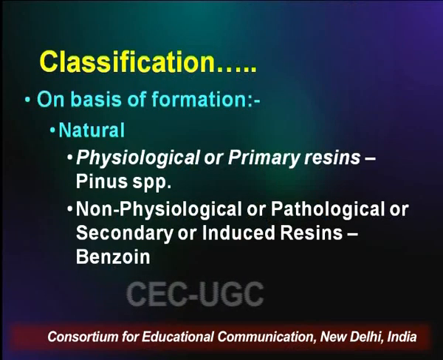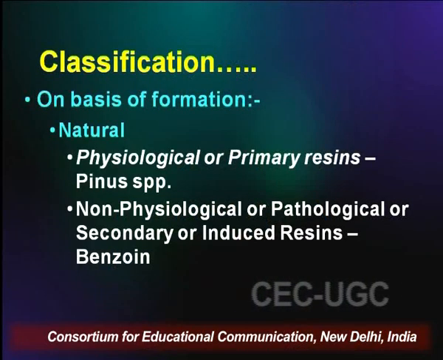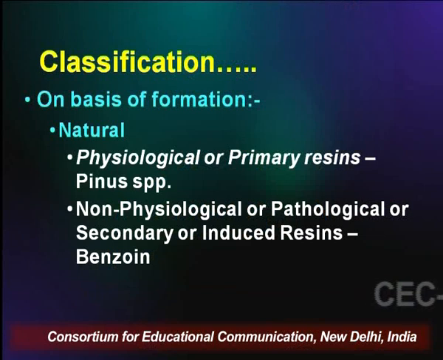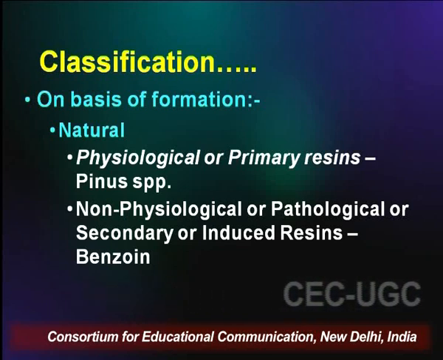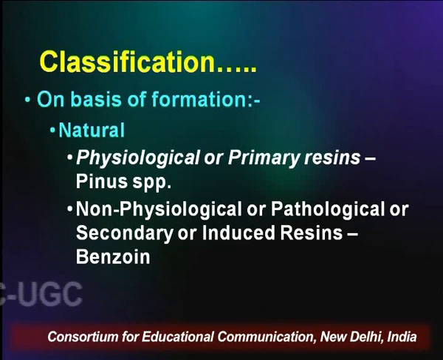Now we move on to the classification of resins. Resins can be broadly classified either on the basis of their formation or on the basis of their composition or the combination in which they occur in nature. On the basis of formation, resins can be classified into natural resins and prepared resins.